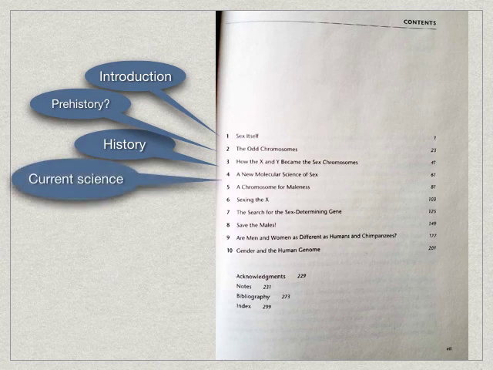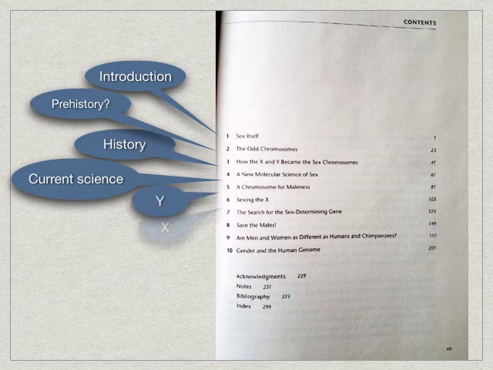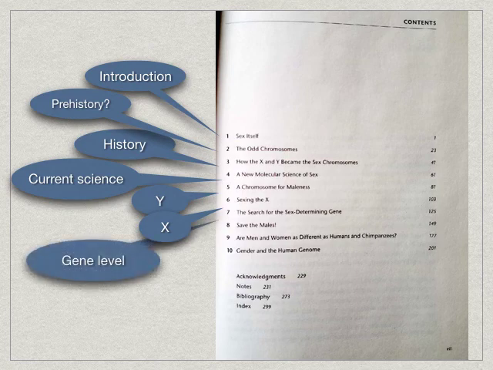The fourth chapter looks at the current science of sex and sex chromosomes, and the next two look at each one of the sex chromosomes, the Y and the X, and then we go down to the gene level, from the chromosome down to the gene, which makes sense scientifically. Then, not so sure about what she's getting at with Chapter 8.